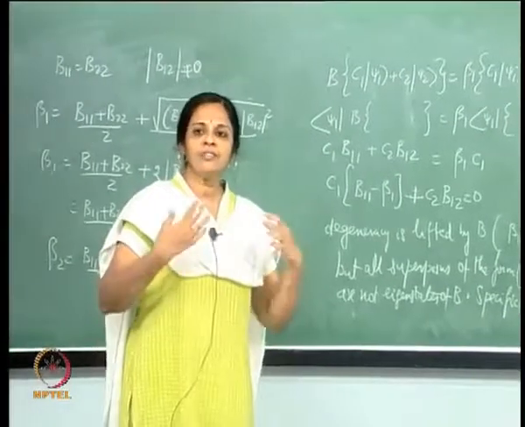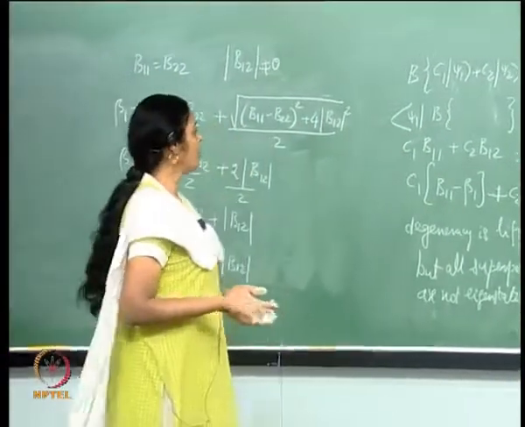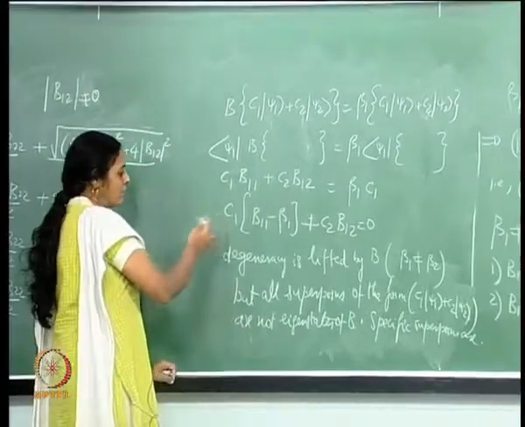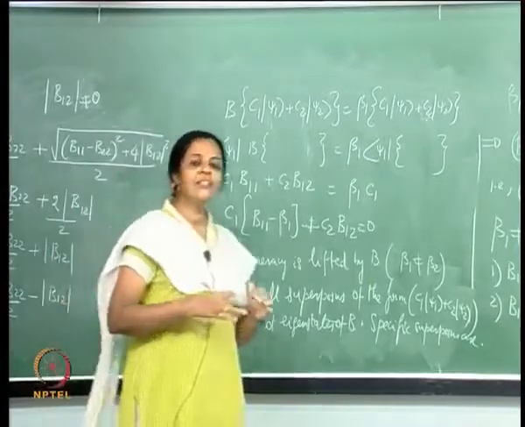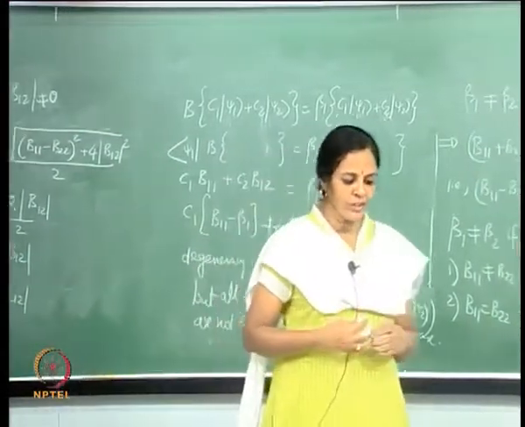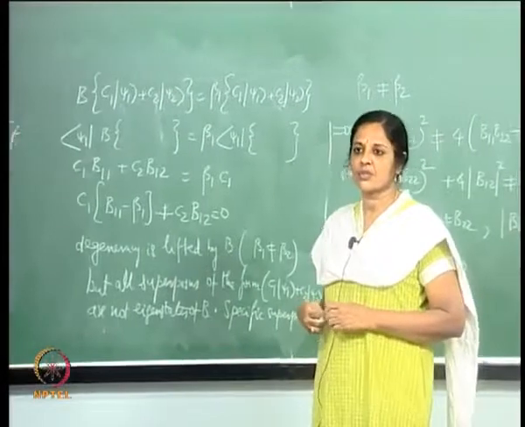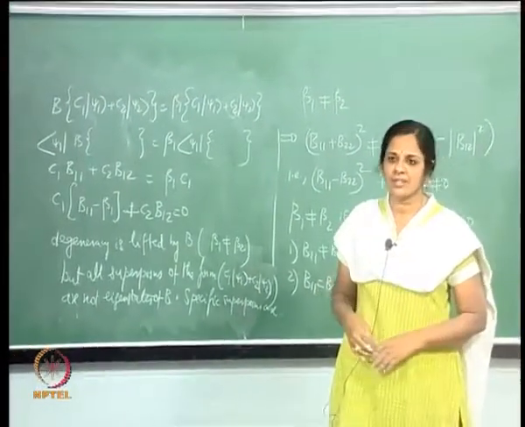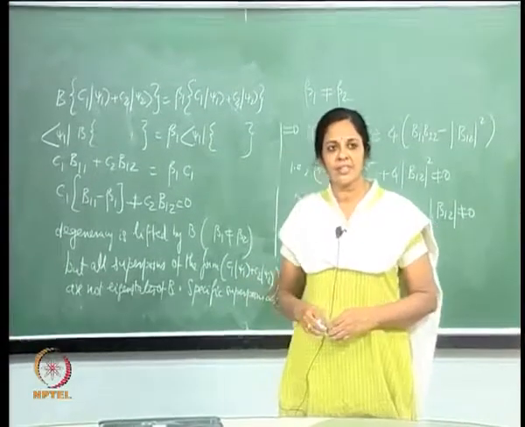Once more, we have found a complete set of common eigenstates of A and B in this case, and B lifts the degeneracy. There was a two-fold degeneracy which was lifted in this case as well. Whatever I have said for a two-fold degeneracy can be extended to a G-fold degeneracy.